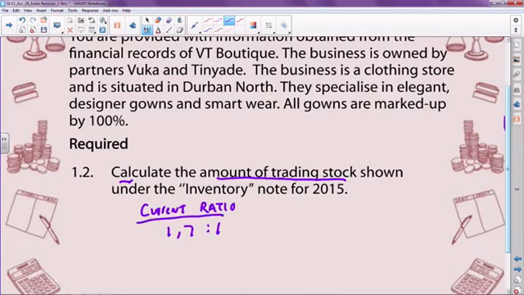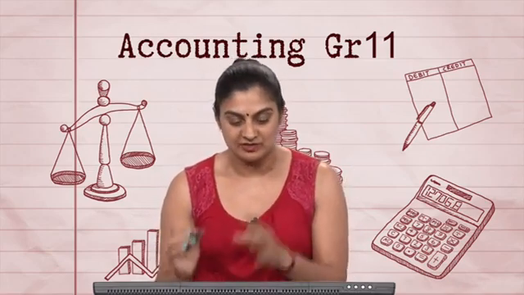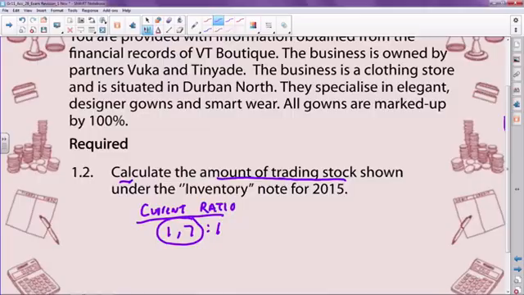Now, if I look at the current ratio, what does this 1,7 comprise of? Current assets. Now remember, current assets is made up of inventory, trade and other receivables, cash and cash equivalent. So this 1,7 is made up of inventory plus trade and other receivables plus cash and cash equivalent.